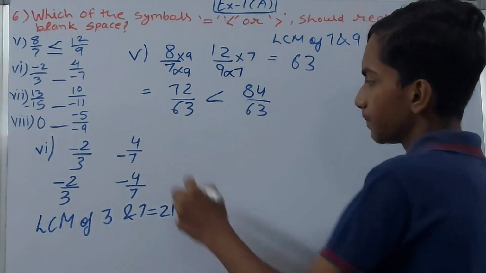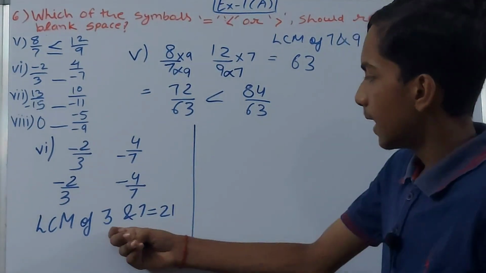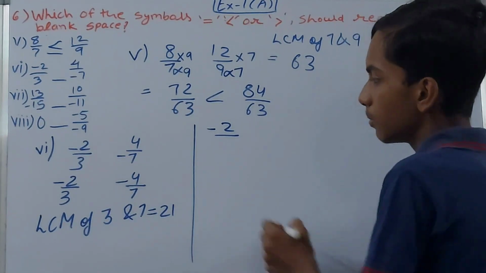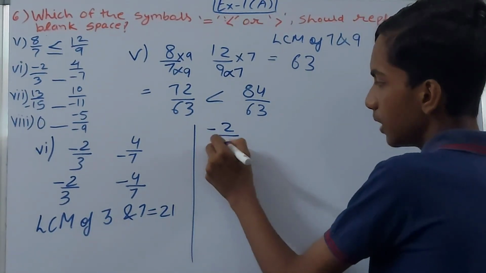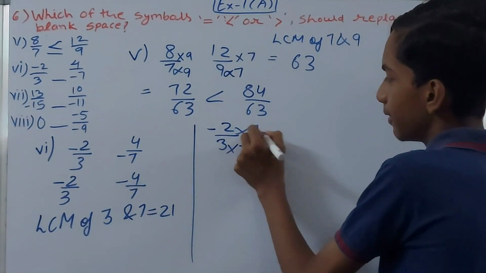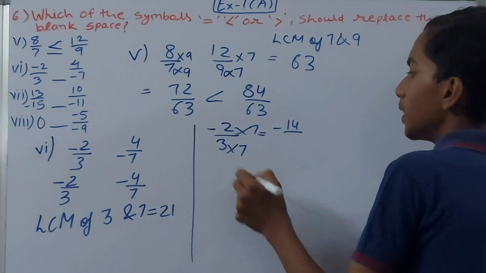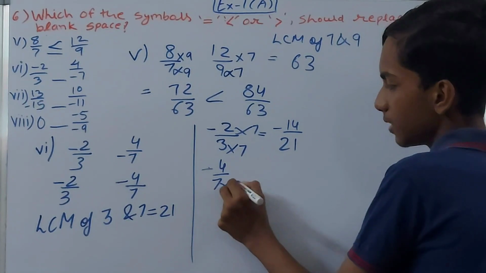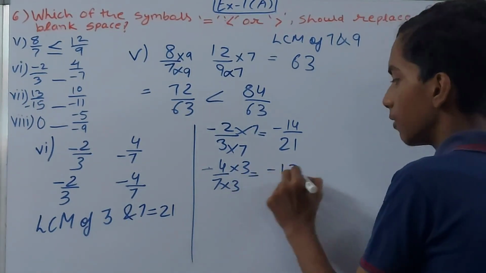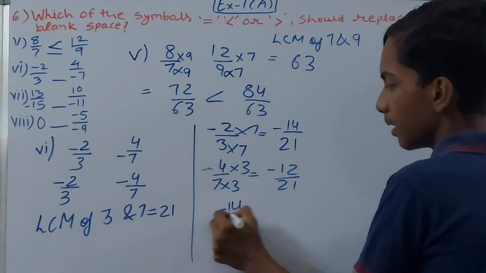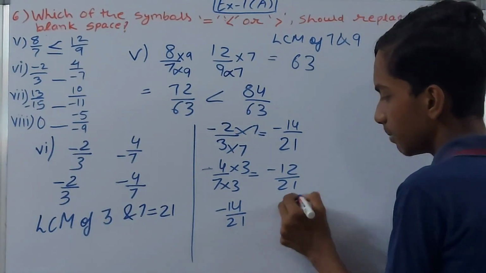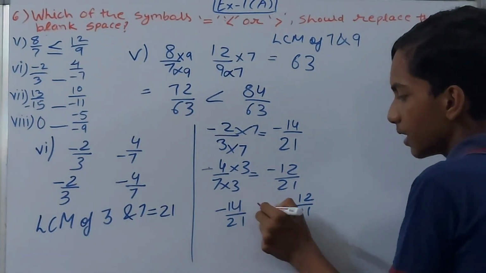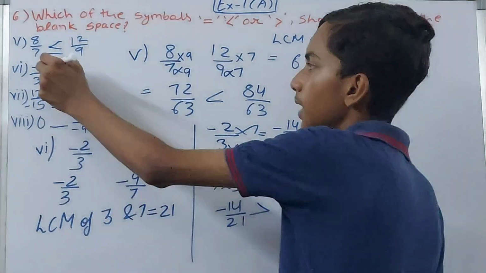So second step, LCM we know is 21. Now make the denominators the same. This will be minus 2 by 3 into 7 into 7, that is minus 14 upon 21. And next one, minus 4 by 7, so into 3, 4 into 3, minus 12 upon 21. Now compare them again. So minus 14 by 21, minus 12 by 21. Same thing, you can compare it on your own. Minus 14 is smaller than minus 12, so put the sign this way.